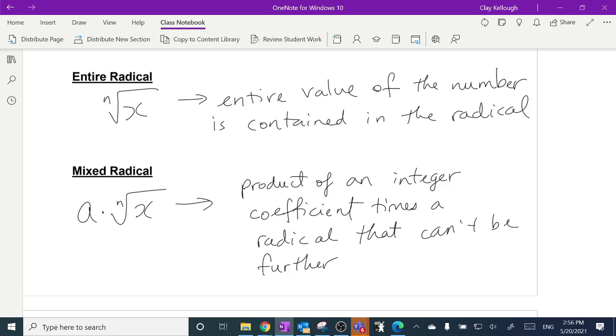Now, see, is it further or farther? It's further because it's not an actual distance. That can't be further simplified. Grammar. So there we go.